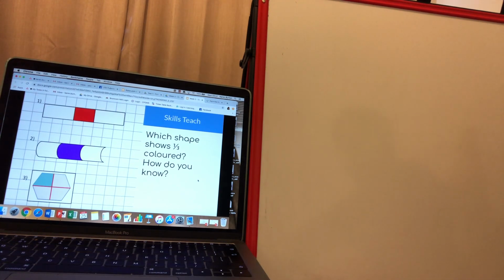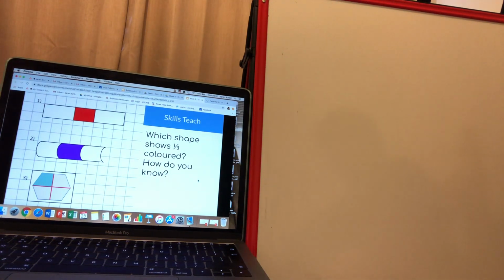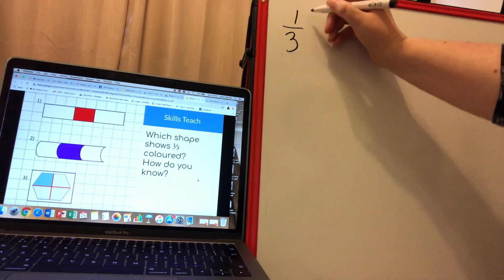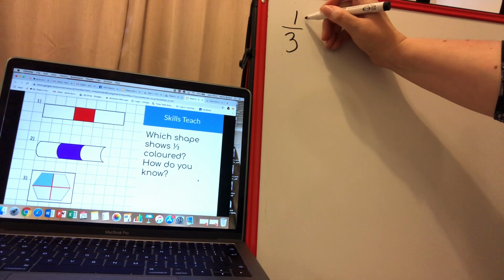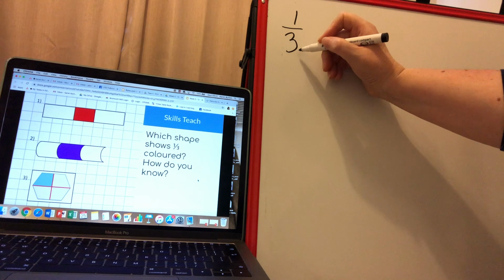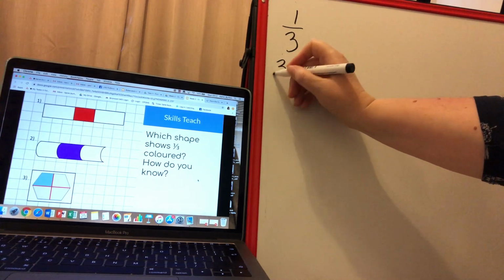Okay, so here's our first question. It says, which shape shows 1/3 coloured? How do you know? Well, if you think about the fraction 1/3, the numerator is 1, so we know we're looking for one coloured part. The denominator at the bottom is 3, so the shape must be split into 3 equal parts.